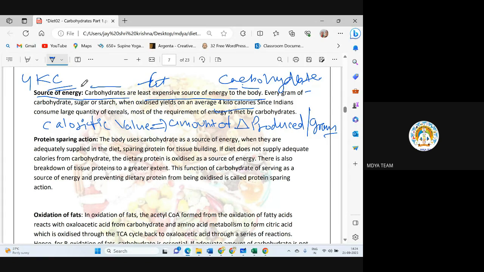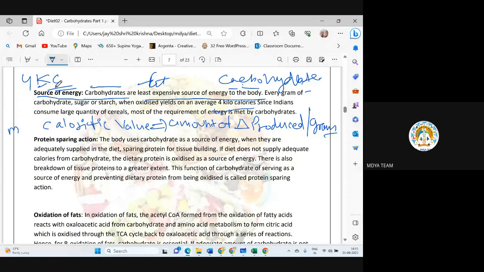One thing I want to clear here: there is a difference between meter and kilometer. They are two different things. There are 1,000 meters in 1 kilometer. Liter and kiloliter are also two different things, but this does not apply to calorie and kilocalorie.